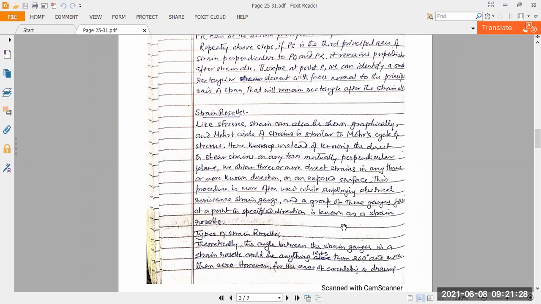It has normal stress and shear stress, and we have to calculate the normal stress and shear stress in the plane which is at an angle theta with the longitudinal x-axis itself. This can be derived analytically, and it can also be derived graphically, by use of Mohr's circle itself.